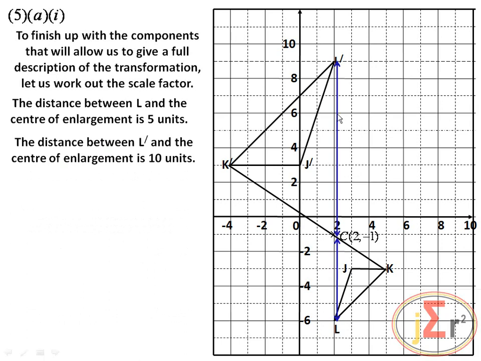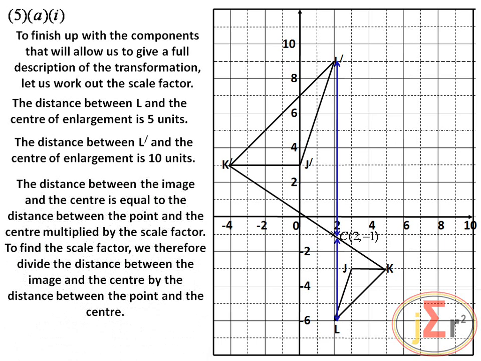Let's take a look. Start from here. 1, 2, 3, 4, 5, 6, 7, 8, 9, 10 units. And down here we have 1, 2, 3, 4, 5. Notice that we are counting each time from the point that is given to us as the center of enlargement. And the distances are 5 units and 10 units respectively.